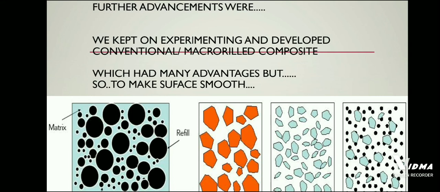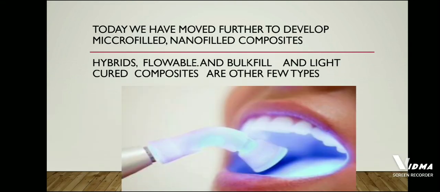So we developed small particle size composites, which increase the filler loading, leading to a smoother surface with greater wear resistance. With small sized filler particles, there was greater wear resistance and a decrease in the curing shrinkage also. These were the recent advances.